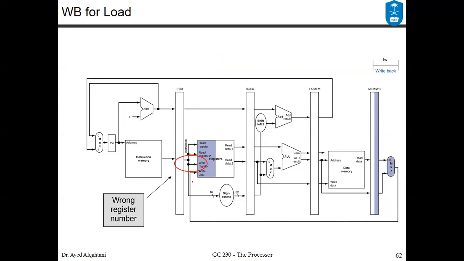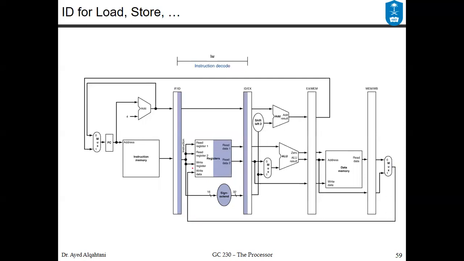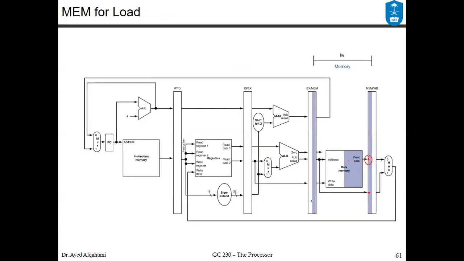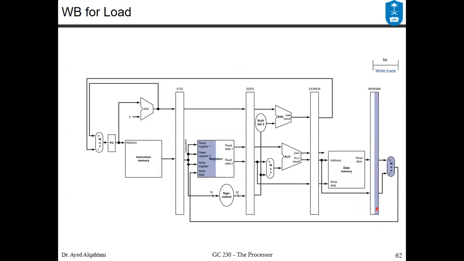You need to make sure that it is the correct register number, not the wrong one. So to do this, when the load was here, let me go back in the slides, when the load was here, we should have kept this register number somewhere in the pipeline register, and we saved it along the way, moving forward. We kept it here, and then we moved it here, and we also moved it here. And then when we reach the write back, it was here, and we can read that register number and supply it back here.